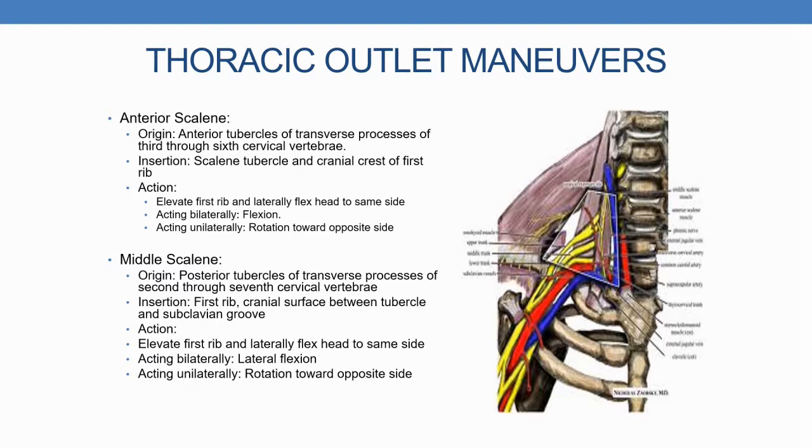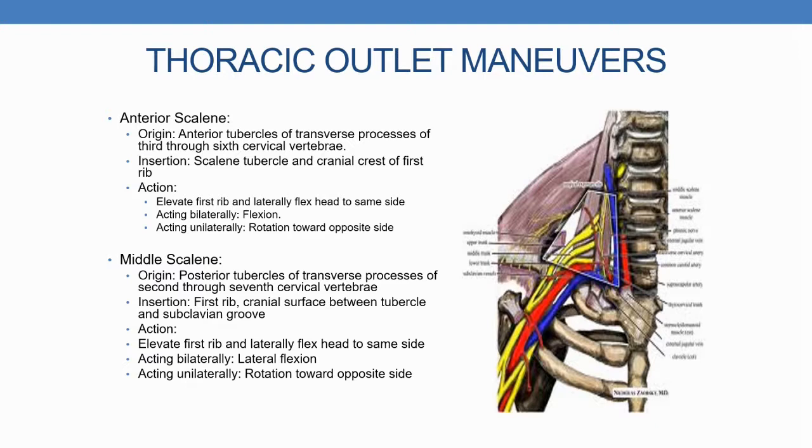Now, acting bilaterally, the anterior scalene muscles would cause flexion of the cervical spine, and acting unilaterally would cause rotation of the head towards the opposite side. So when you rotate your head to the right, that is the action of the left anterior scalene. When you rotate your head to the left, that is the action of the right anterior scalene.